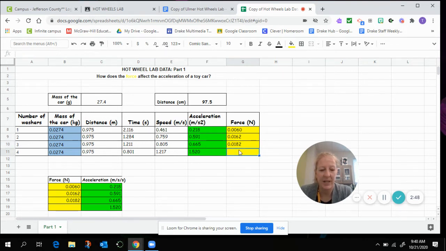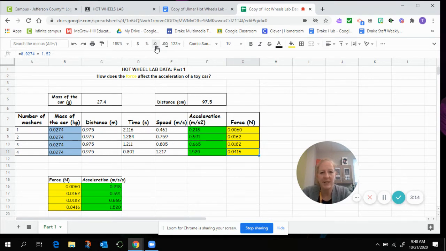And then I have my last one: equal sign, the mass in kilograms, 0.0274 for me, my shift 8, so my asterisk, times my acceleration, which in the last case was 1.520. I change the number of decimal places down to 4: 1, 2, 3, 4.